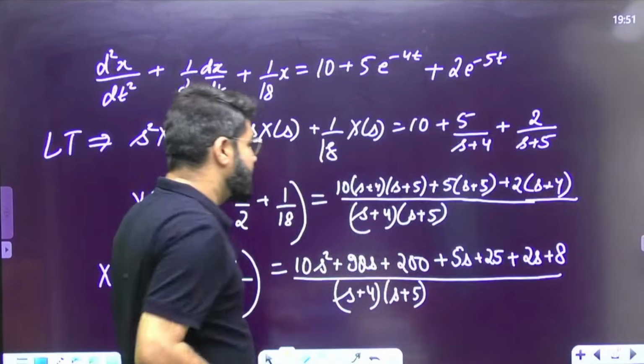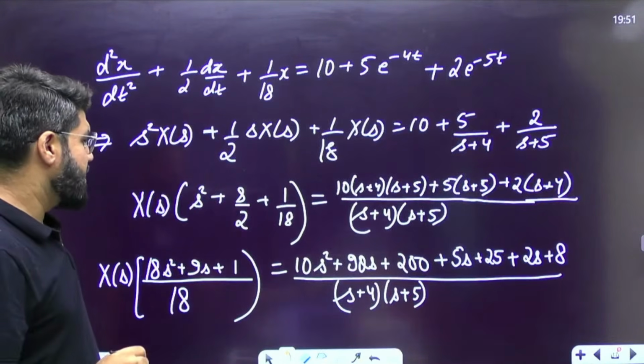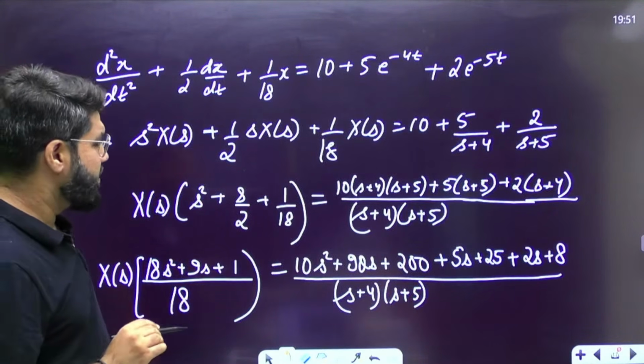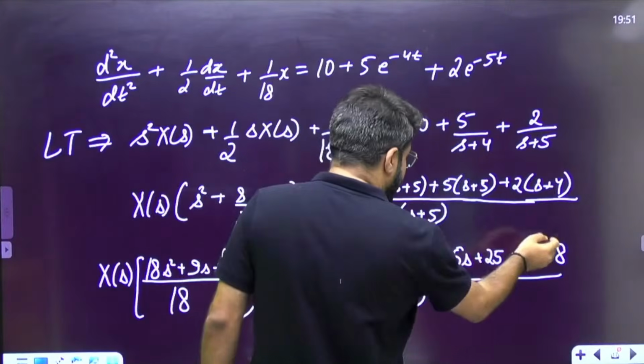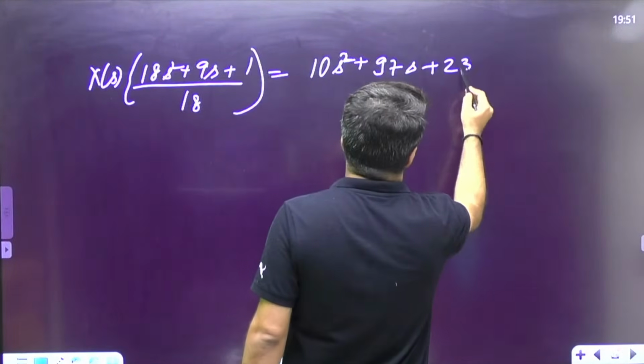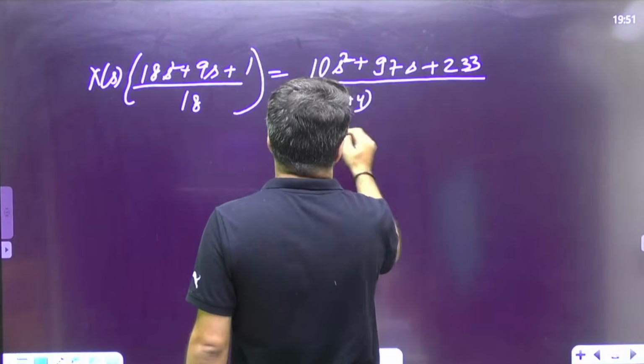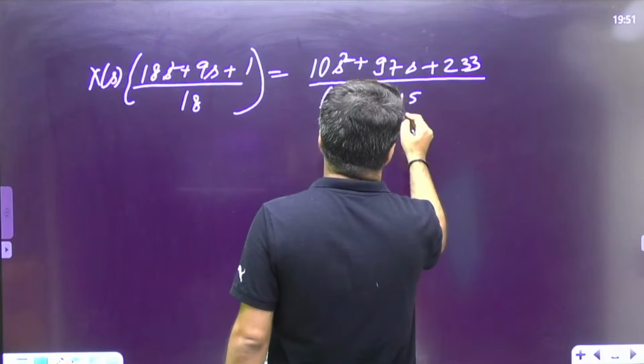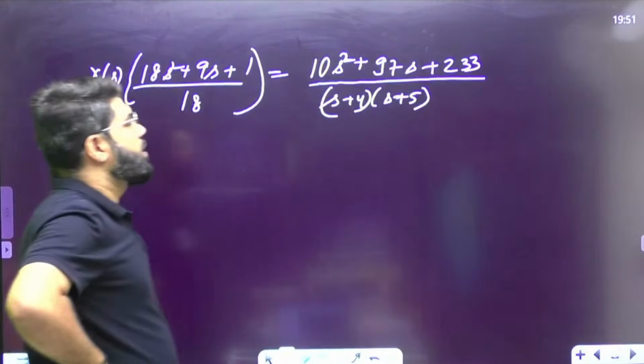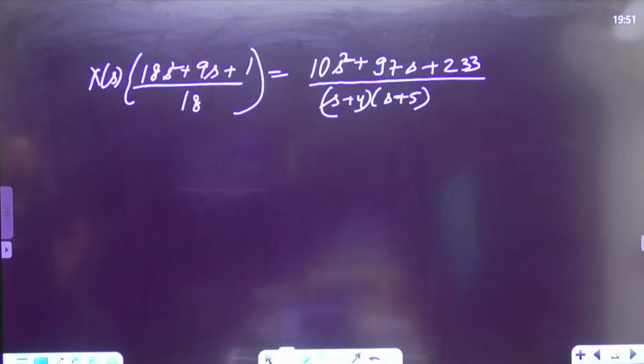Let me recheck it carefully. Yeah, 5 to 7 and 90s, correct? 97s, and constant part 225, 233. It is going very random, upon s plus 4, s plus 5, because this s square plus 9s plus 20 overall won't be cancelled.